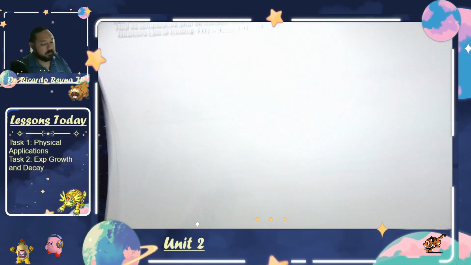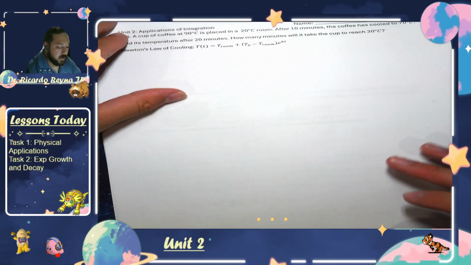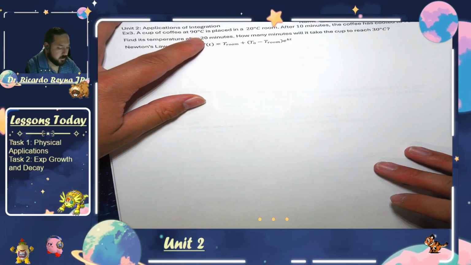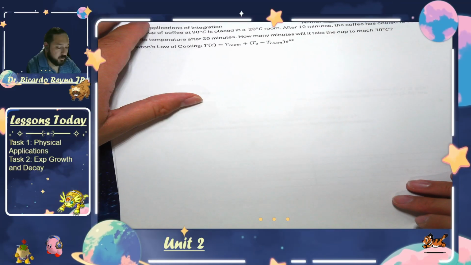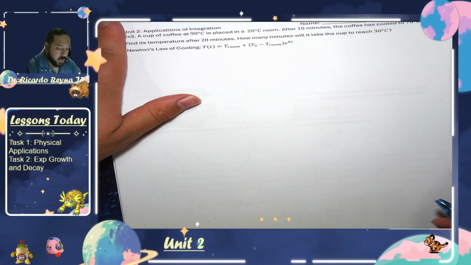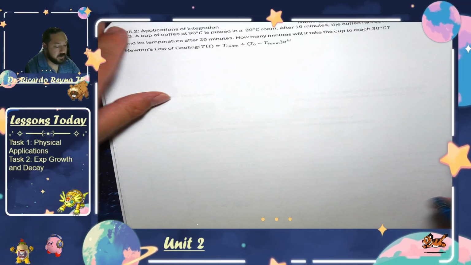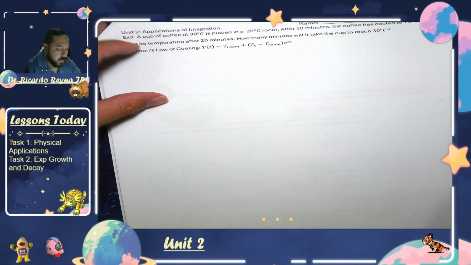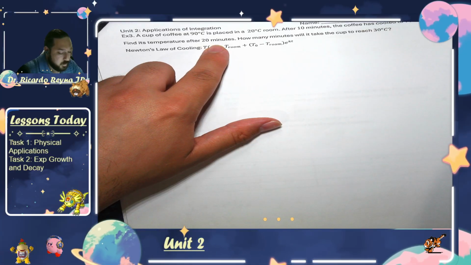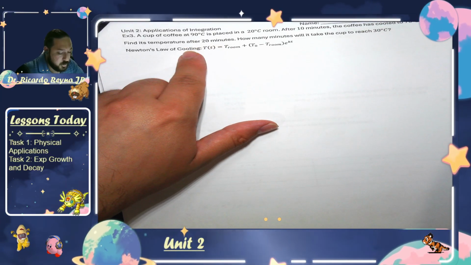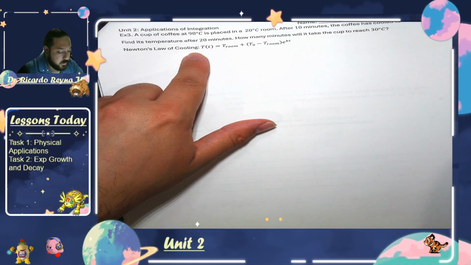All right, let's do this last application. So it says a cup of coffee at 90 degrees Celsius is placed in a room of 20 degrees Celsius. After 10 minutes, the coffee has cooled to 70 degrees Celsius. Find its temperature after 20 minutes. How many minutes will it take the cup to reach 30 degrees Celsius?